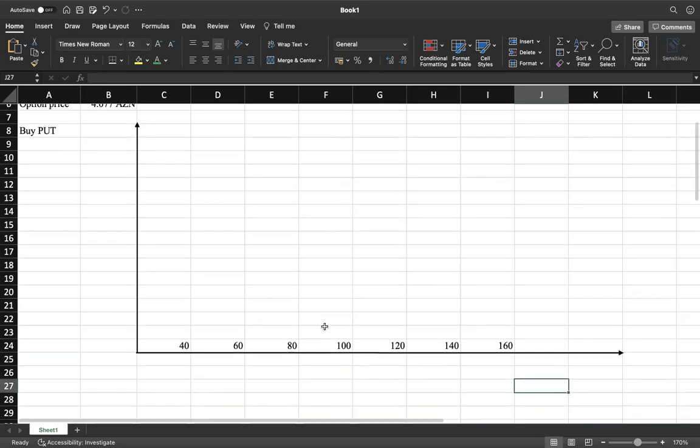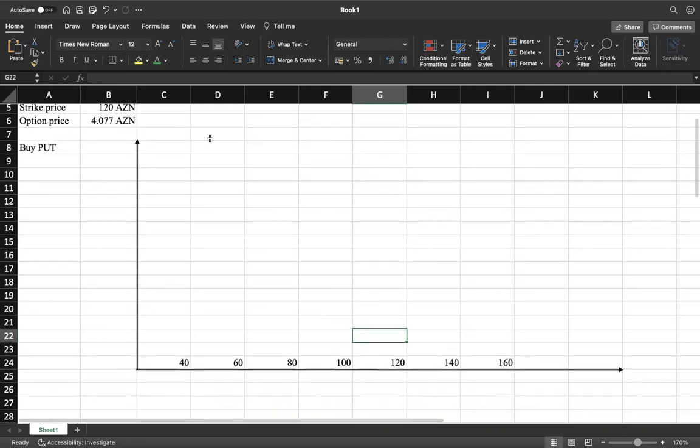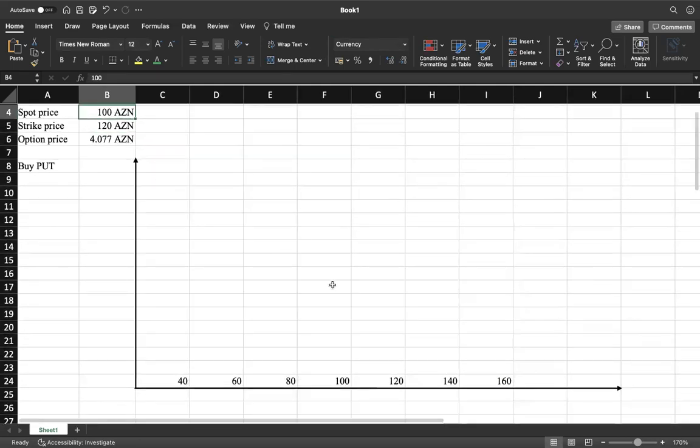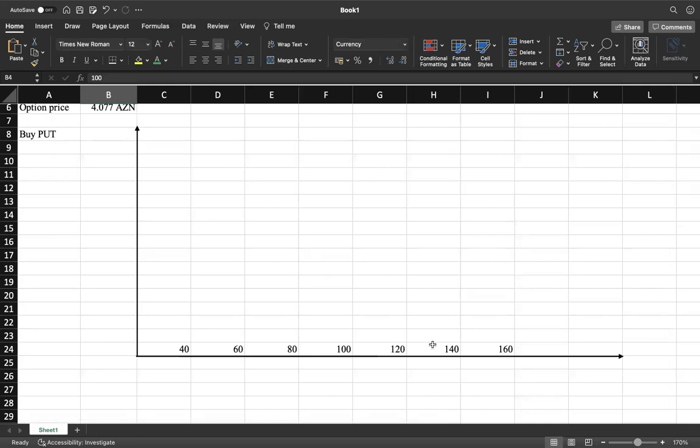We know that if the stock price is more than the strike price, I am not going to exercise the put option because the market offers me a higher price than the put option. So I will not exercise my option and I will go to the market and sell my shares at a higher price.